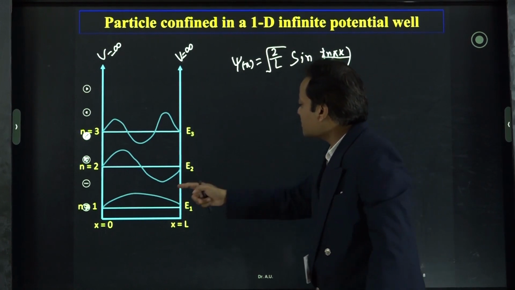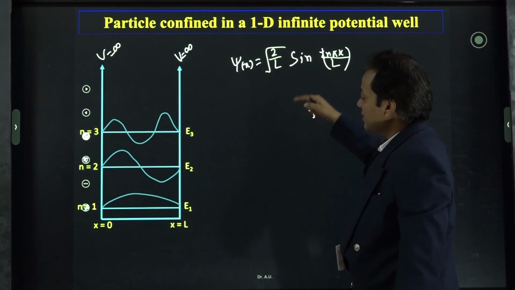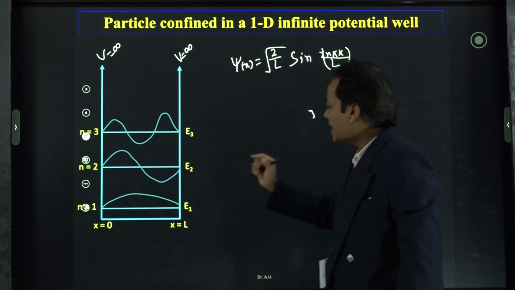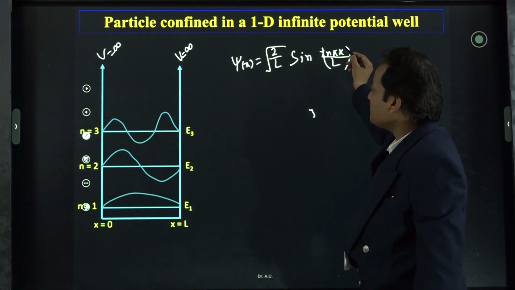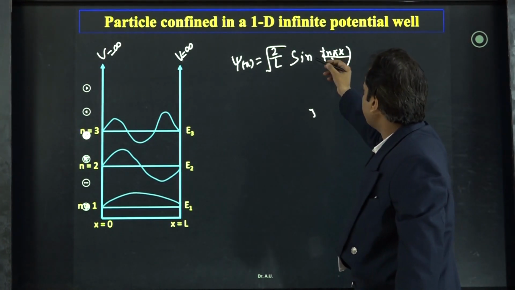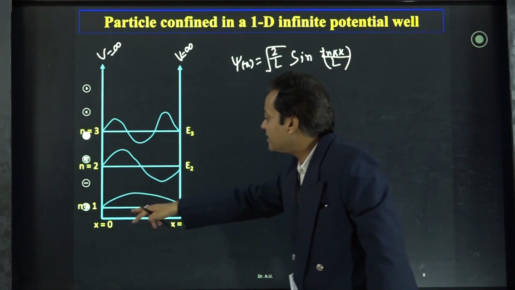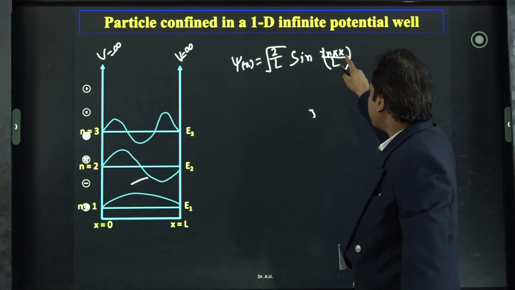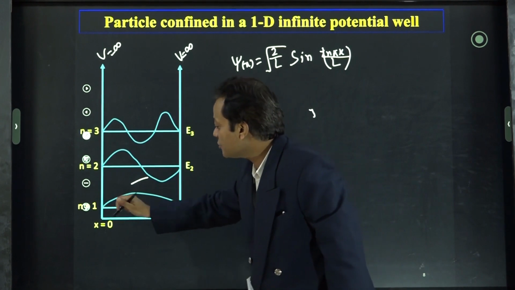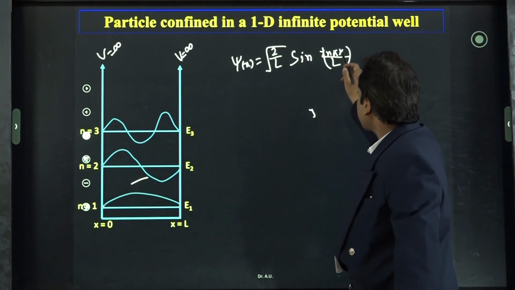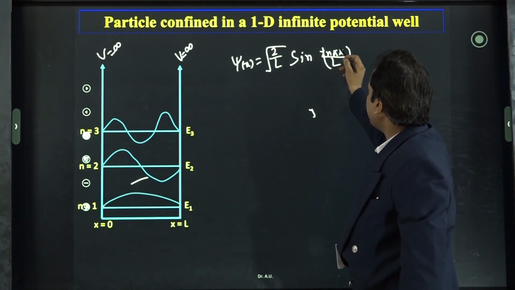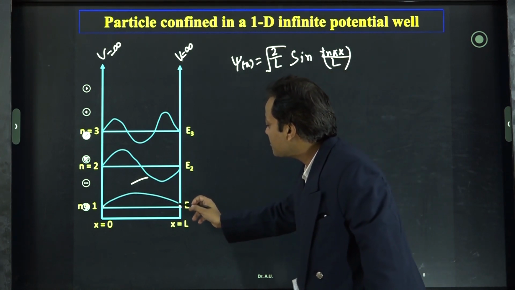So if we check for n equal to 1, it will become like this. If we put different values of x in the wave function psi of x, we will get a function like this. If x is 0, we get the 0 point. If x is L, L cancels, n pi, again we get 0.